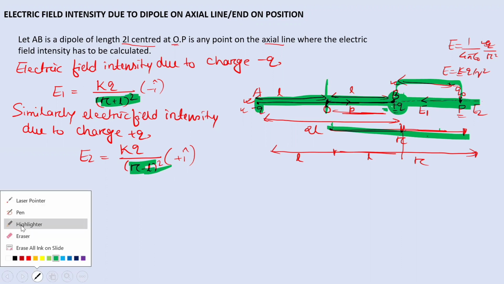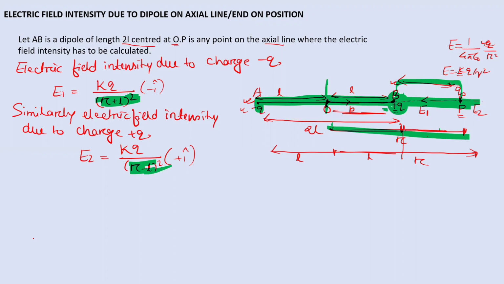So now let's come to the calculation part where we will calculate the electric field intensity. Okay, the net electric field intensity at the point P is, we will just add it.